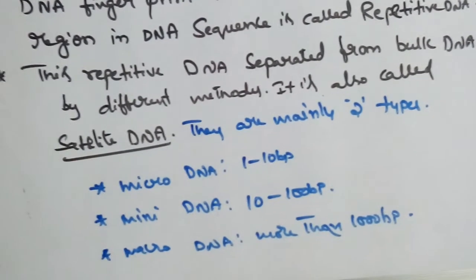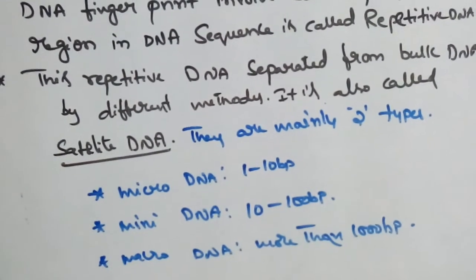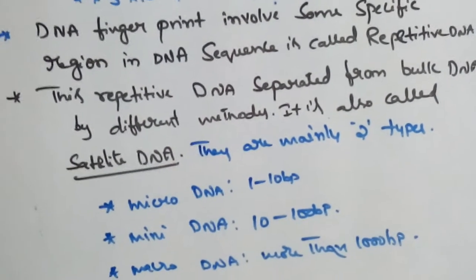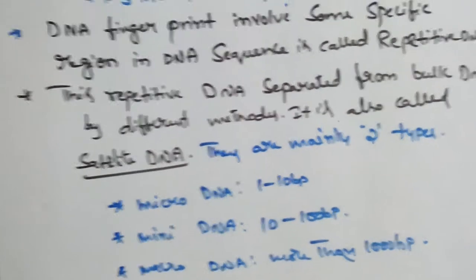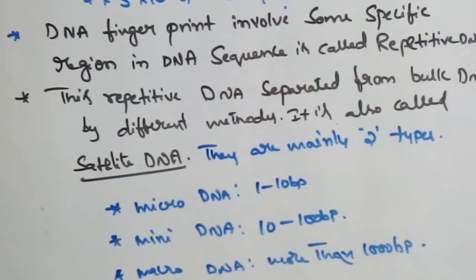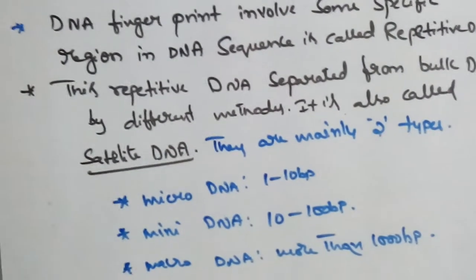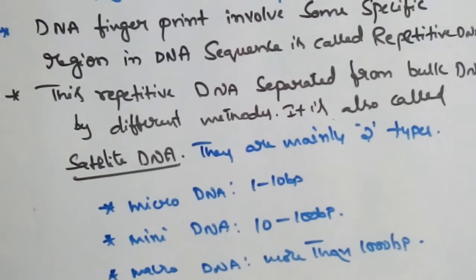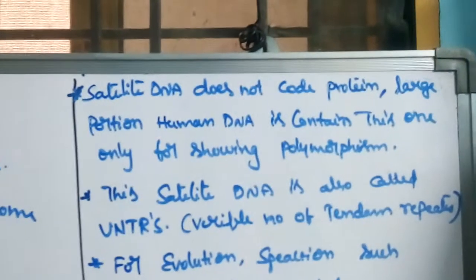For example, AT continuously repeating is micro DNA, and GC continuously repeating is micro DNA. If 10 base pairs, like AT GC, are repeating continuously, then we call it mini DNA.